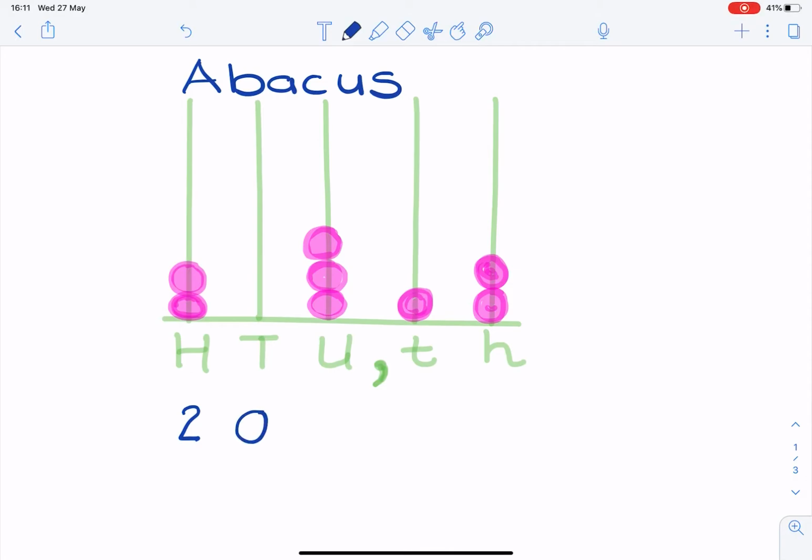We've got 0 tens and we have 3 units. Then we have the decimal comma and we have 1 tenth and 2 hundredths. So our number is 203 and 12 hundredths. So we would write it in words like this.